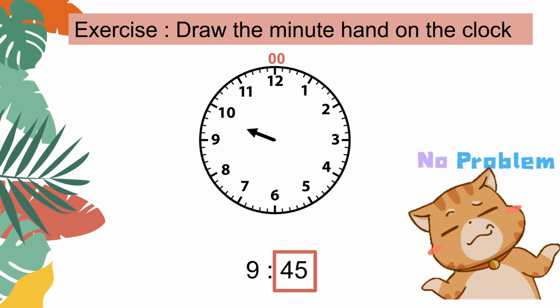You need to skip count by 5 first: 0, 5, 10, 15, 20, 25, 30, 35, 40, 45. The 45 minutes, the minute hand, the long hand, will be pointing at 9 to show 45 minutes. Good.